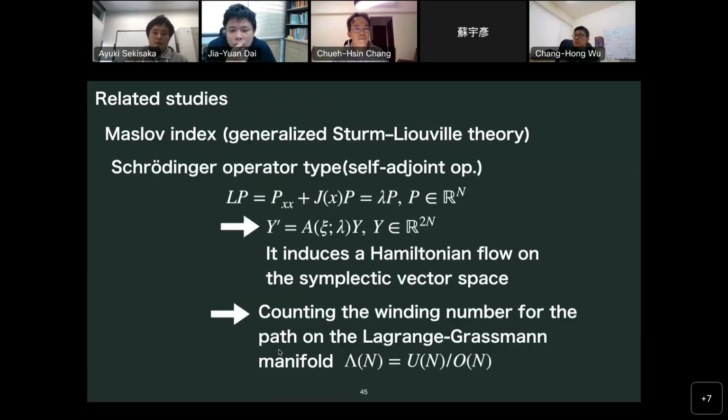So it means that we can obtain a topological invariant called the Maslov index. The Maslov index is a topological invariant for Hamiltonian systems.